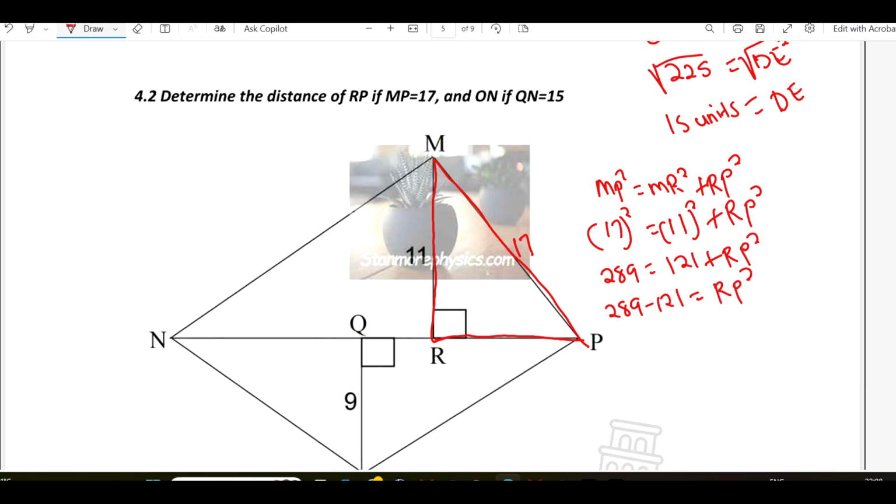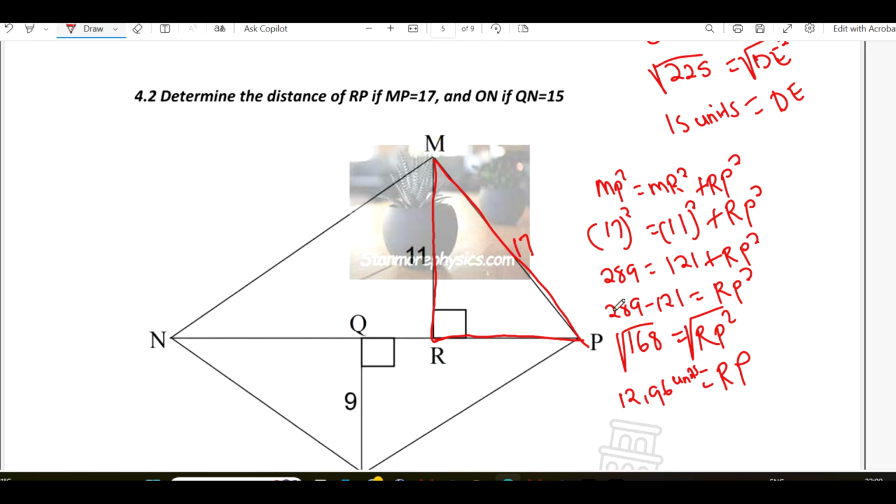So 289 minus 121 is going to give me 168, RP squared. I will square both sides. Therefore, my RP, you can round it off to 2 decimal places, 12.96 units.